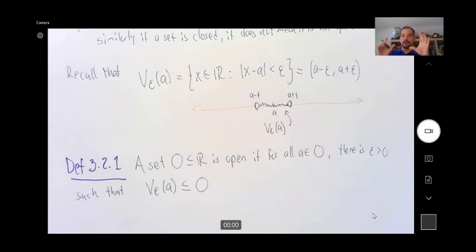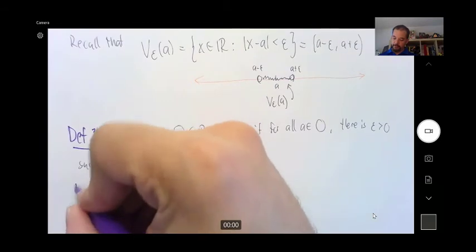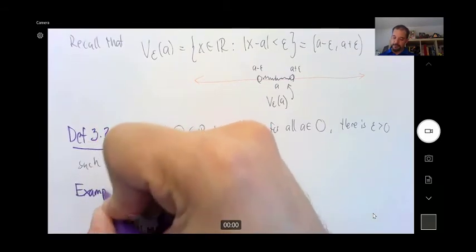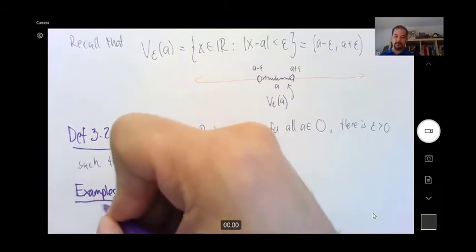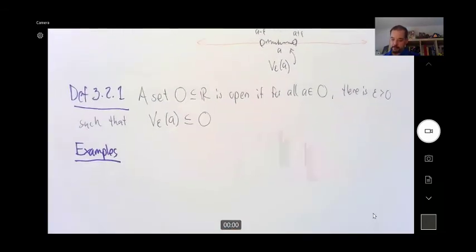So if for every point you can find a little neighborhood where the entire neighborhood is inside the big set, we call it open. Okay? So let's start with some examples and non-examples. The best way to understand the definition is to try it out with some examples. Example number one, the entire set of real numbers.